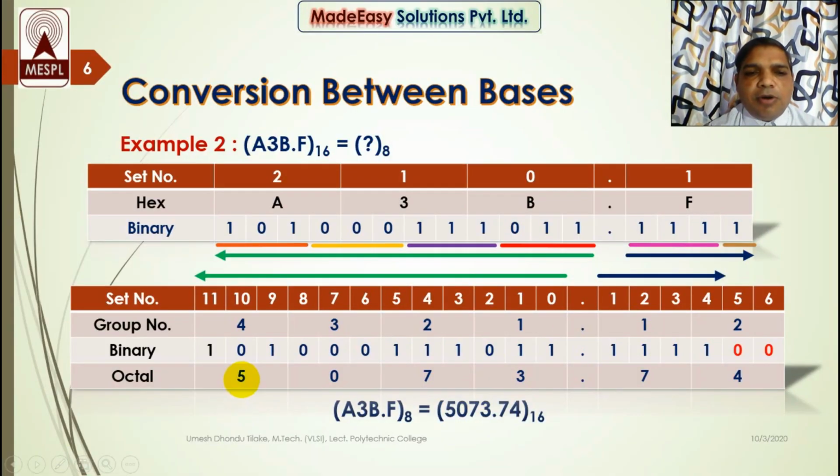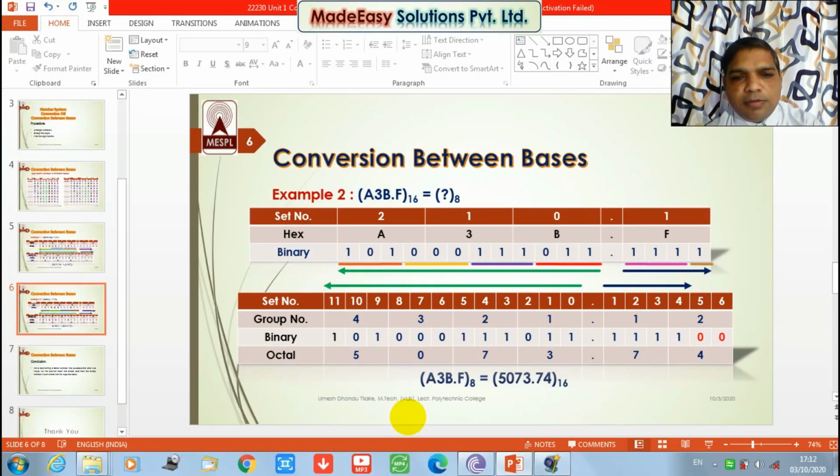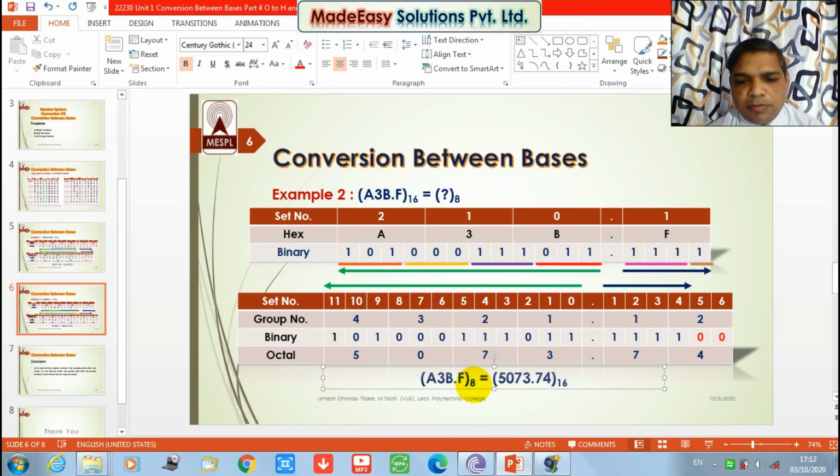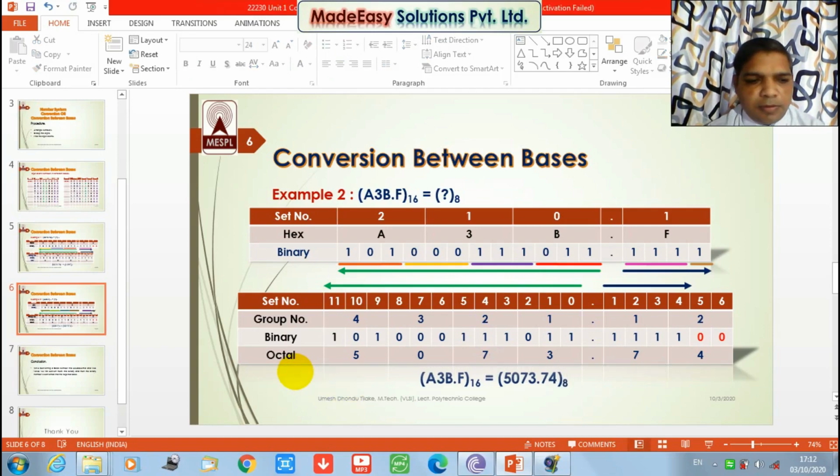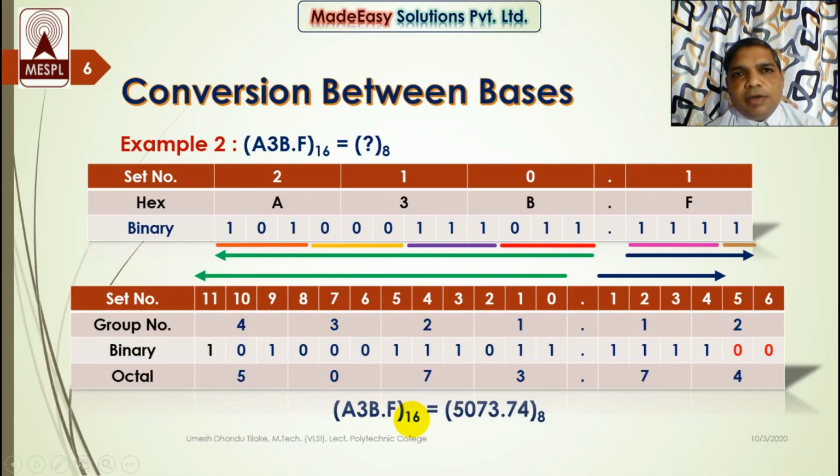So thus we have got the octal equivalent 5073.74. So A3B.F hex is equal to 5073.74 octal.